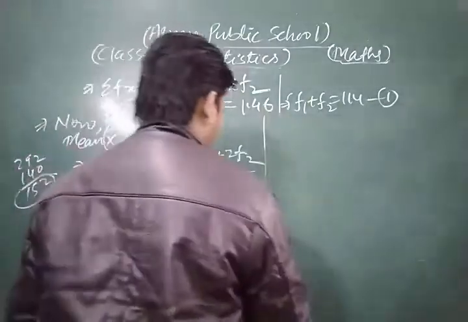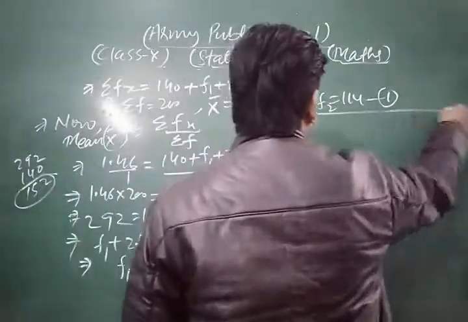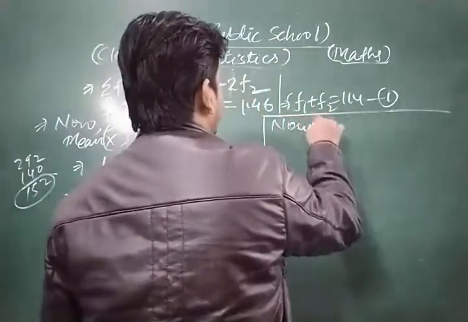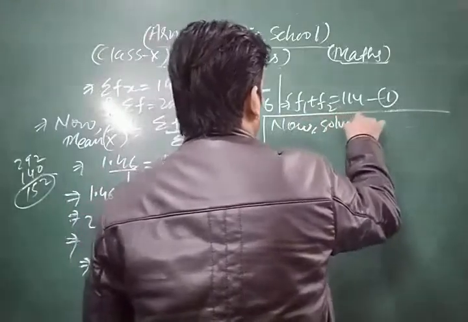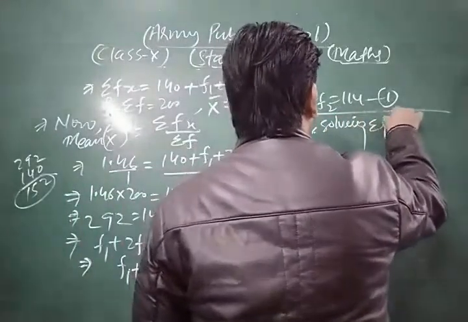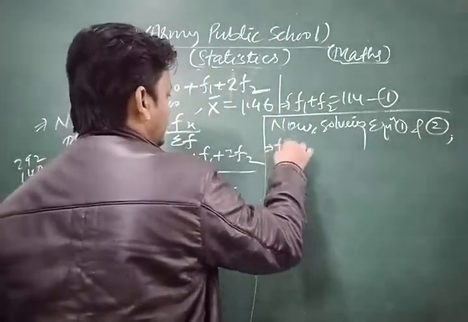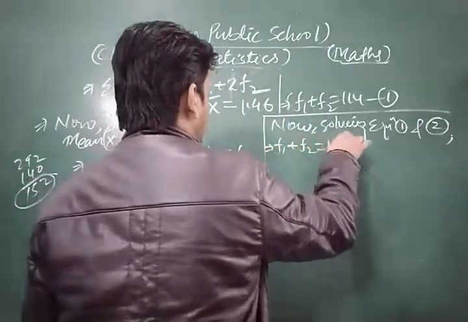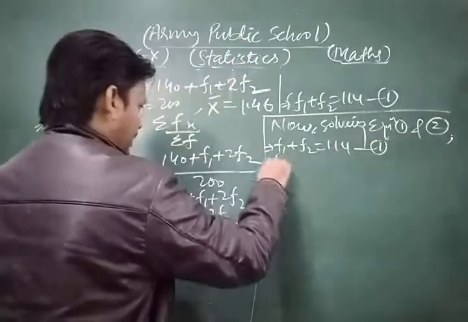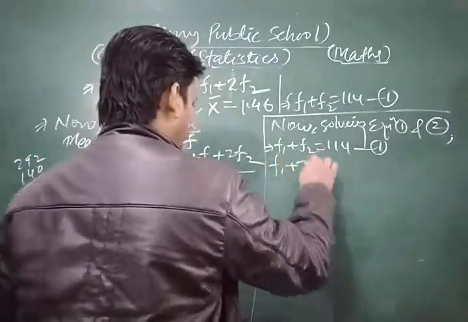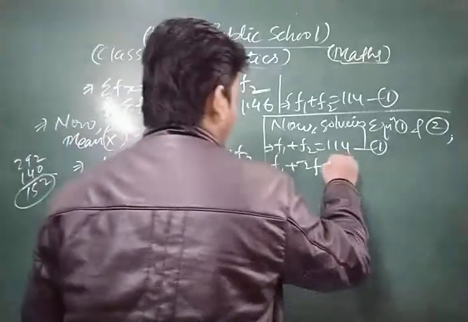Solving equations 1 and 2. Equation 1 is f1 plus f2 is equal to 114. And this is f1 plus 2f2 is equal to 152.